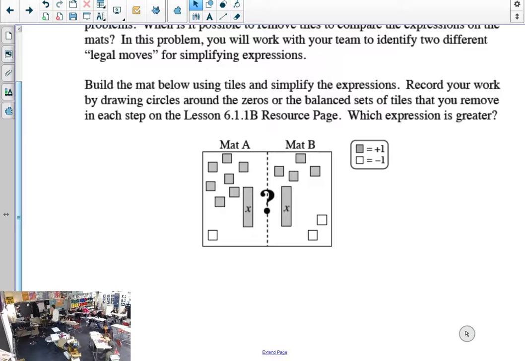Notice how below it says expressions. Once you cancel out what you're able to cancel out, we'd like to write an expression for this.